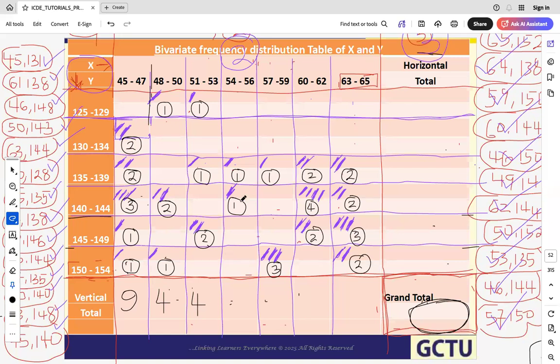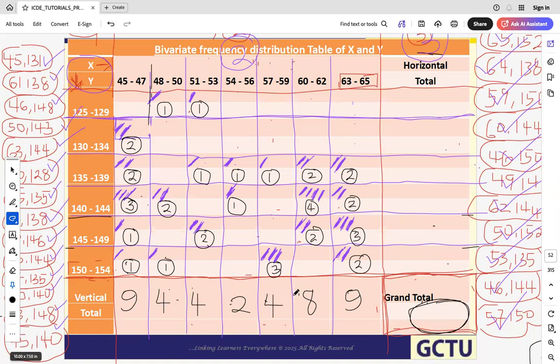Fourth column, 1 plus 1, you record 2. Fifth column, 1 plus 3, it means we have 4. The next column, 2 plus 4 is 6. 6 plus 2 is 8. We record 8. And then 2 plus 2 is 4. 4 plus 3 is 7. 7 plus 3 is also 9.